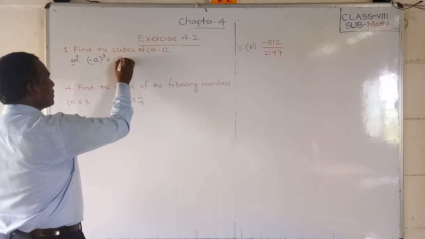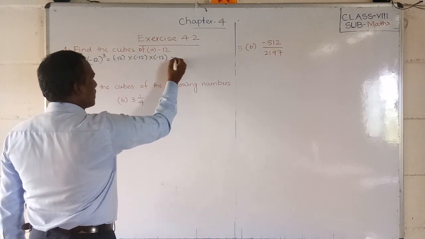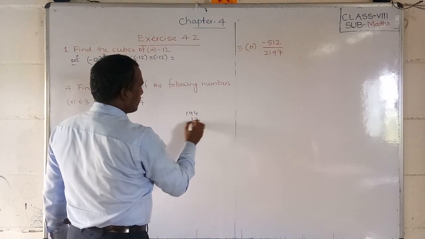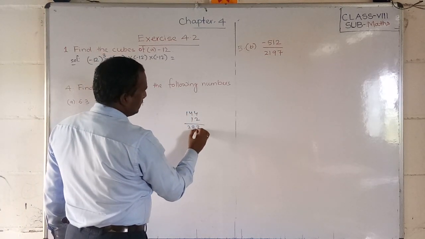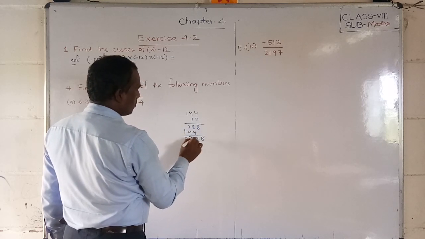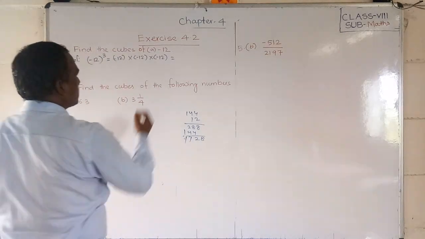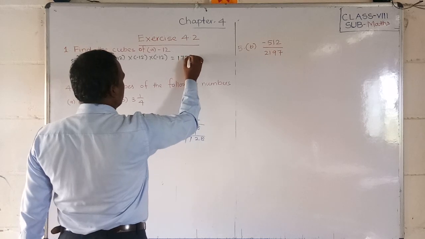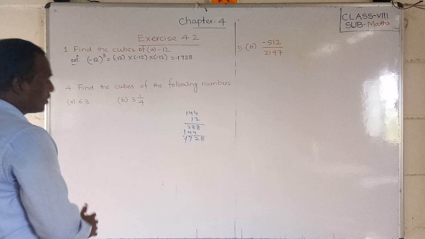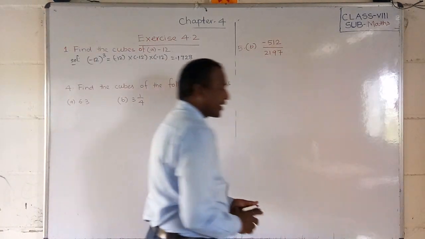So we first find 12 into 12 into 12. 12 times 12 is 144, into 12 is 1728. So the answer will be minus 1728, because the cube of a negative number is always negative.